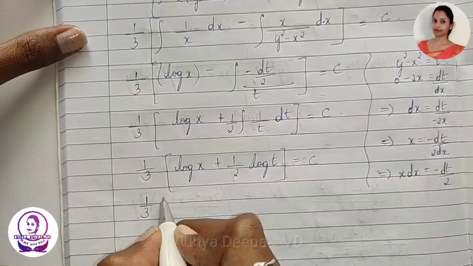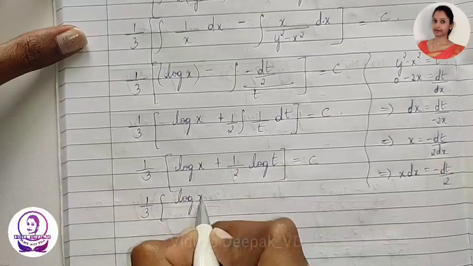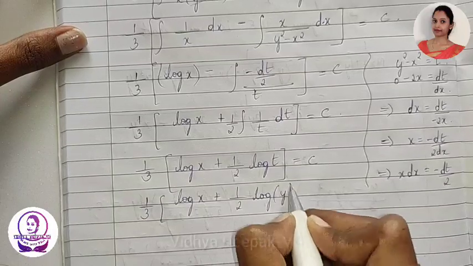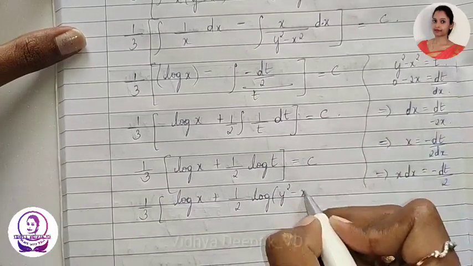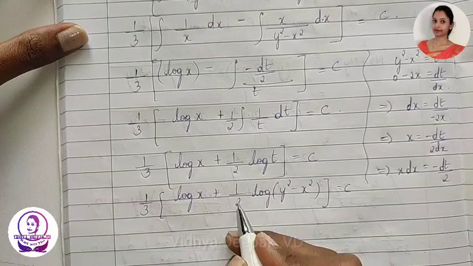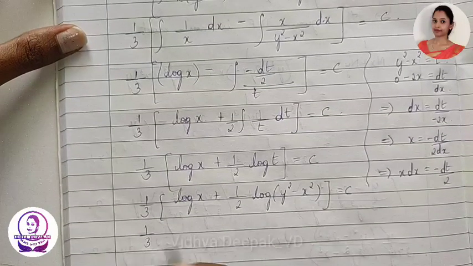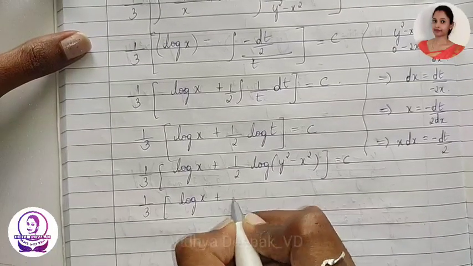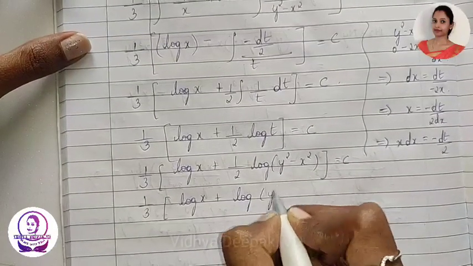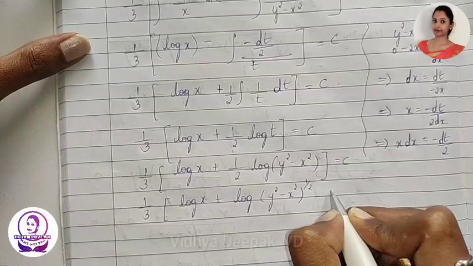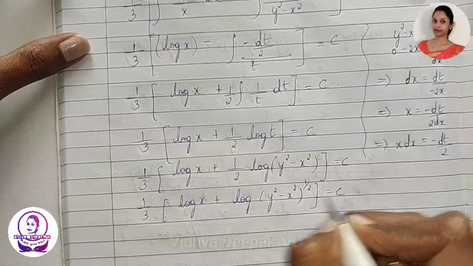So we have 1 by 3 into log x plus 1 by 2 into log of (y square minus x square) is equal to c. Now I'll take this as the power of it. So we have 1 by 3 log x plus log of (y square minus x square) the whole power 1 by 2 is equal to c.